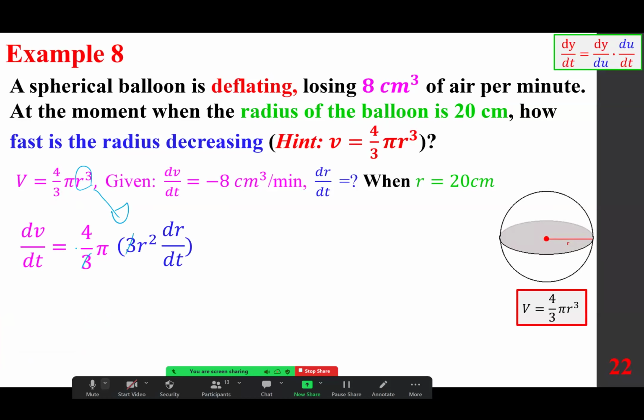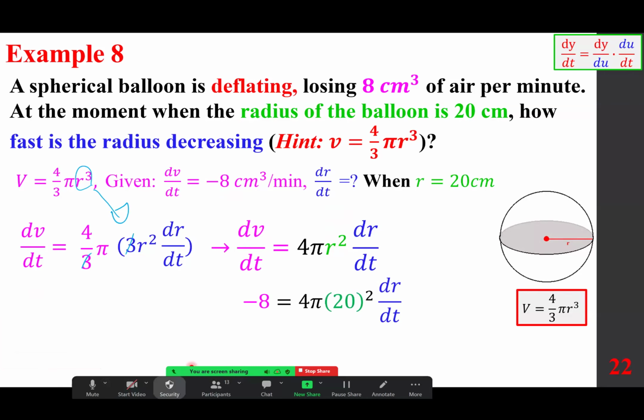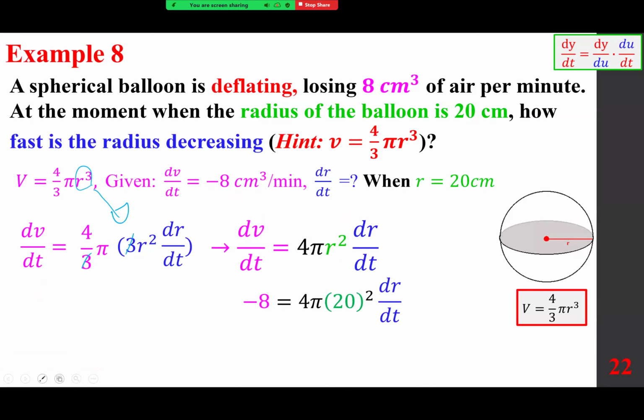So it's 4 pi r squared dr dt, and all we have to do is replace the dV dt with negative 8, and r with 20. 20 squared is 400. So 400 times 4 pi is 1600 pi.